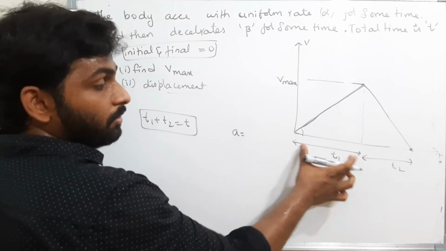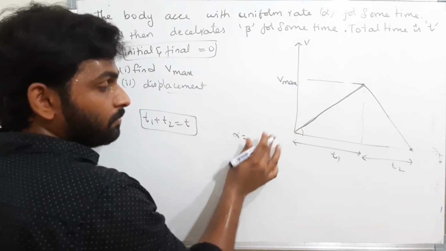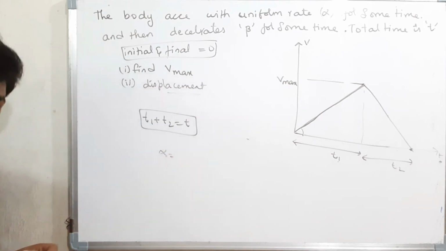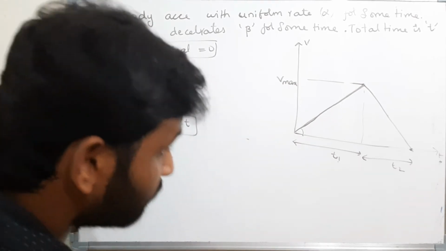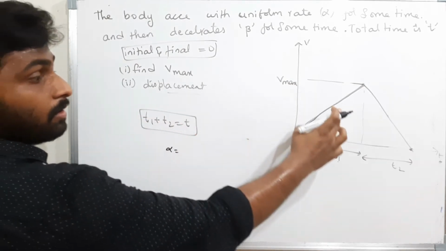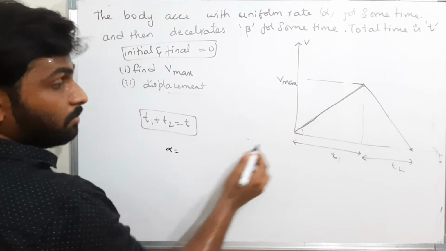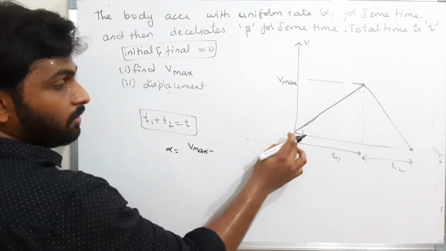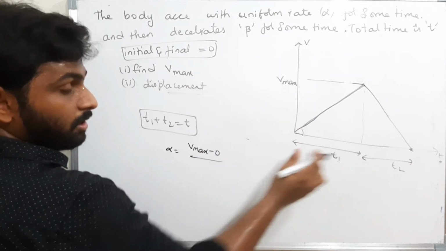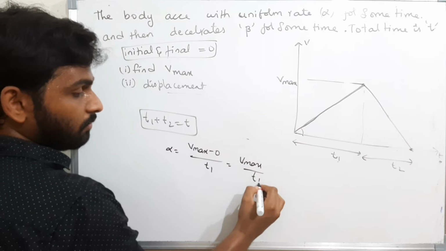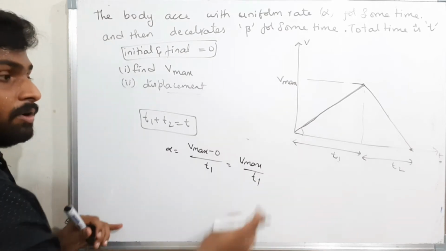Acceleration for time t1 is alpha. Alpha is nothing but final velocity Vmax minus initial velocity 0, divided by the time taken, t1. Therefore alpha is Vmax by t1. That is alpha.